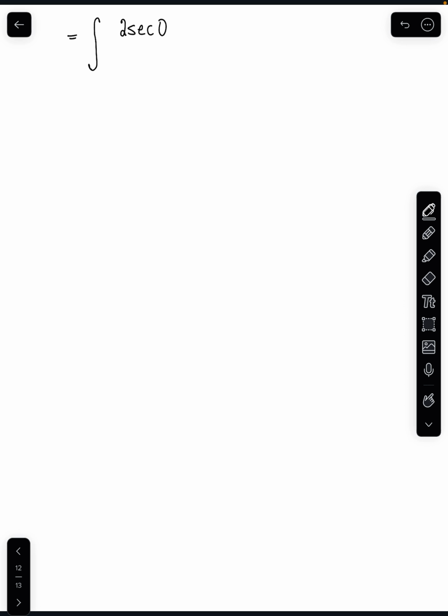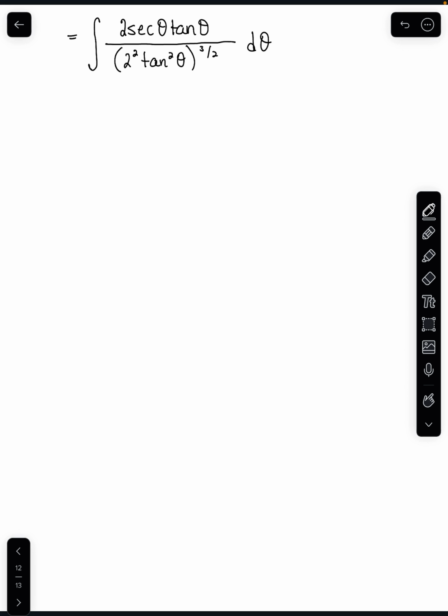So in the numerator, we still have our 2 secant theta tangent theta. And in the denominator now, we have 2 squared times tangent squared raised to the 3/2.